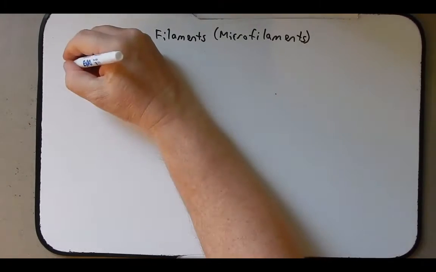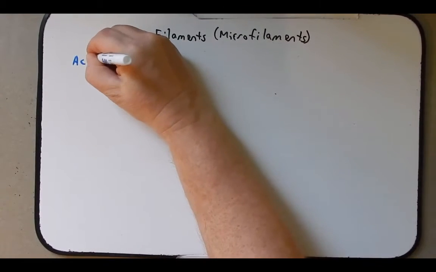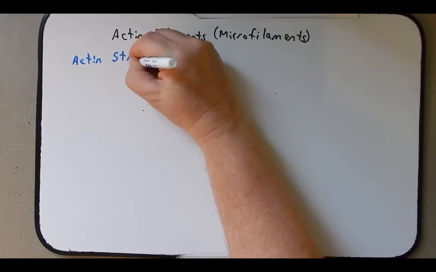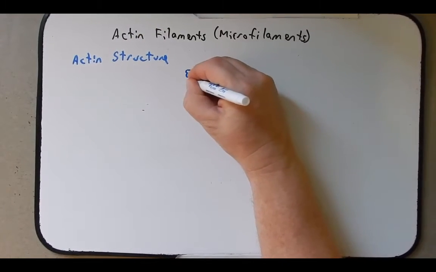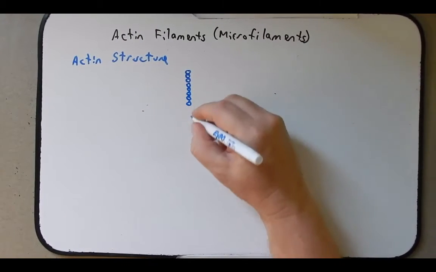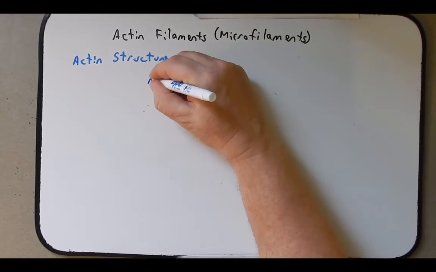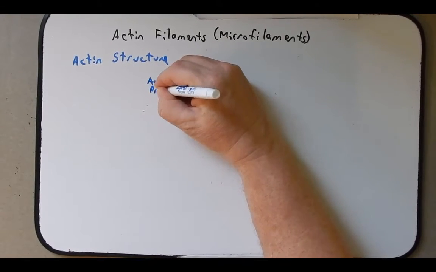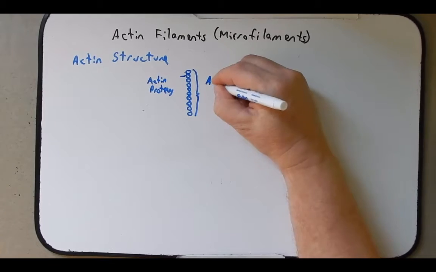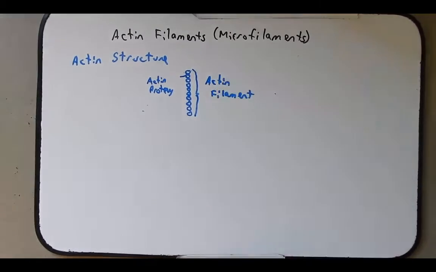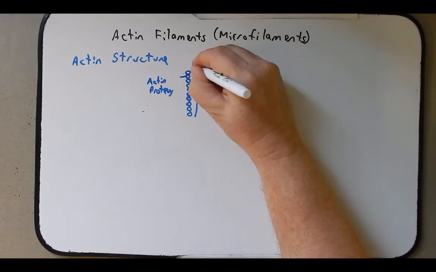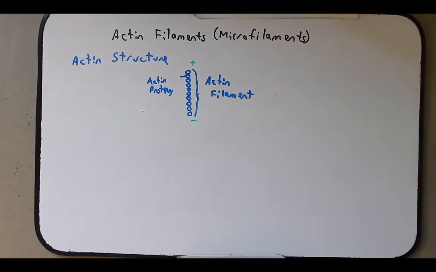Let's talk a little bit about actin structure. It forms a long filament structure of these individual actin proteins. But together, it forms the actin filament. Just like with microtubules, actin has a plus end and a minus end.